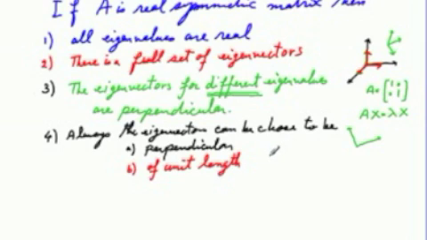First of all, they are perpendicular. Second, you cut them down to size so that they are all unit length. Such a collection of vectors which have these two properties are called orthonormal.